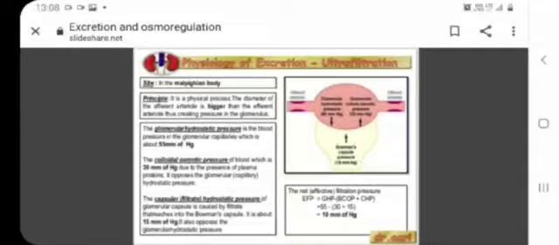So we can say the net or the effective filtration pressure is the glomerular hydrostatic pressure minus the Bowman's capsule osmotic pressure plus the capsular hydrostatic pressure.